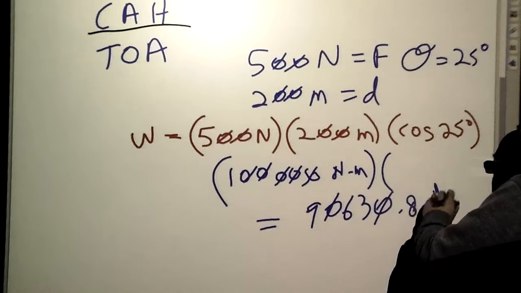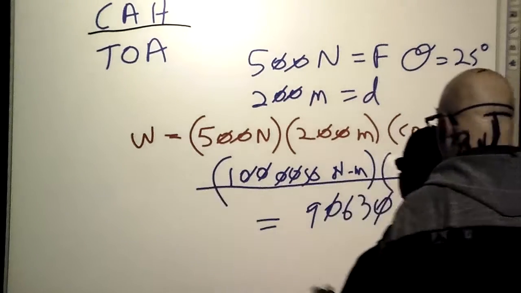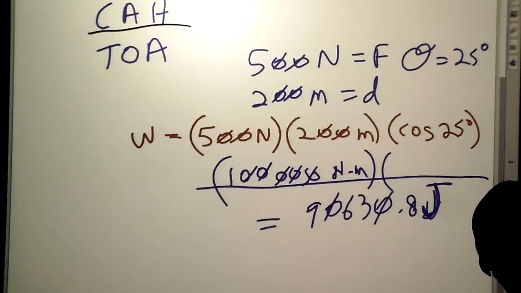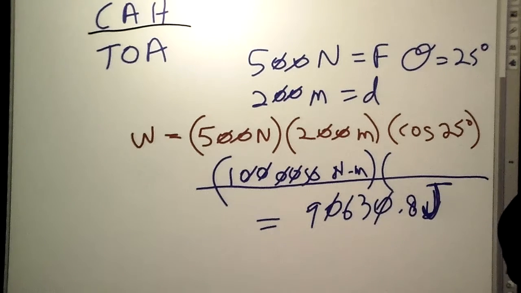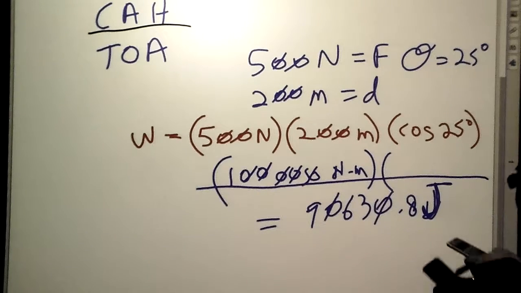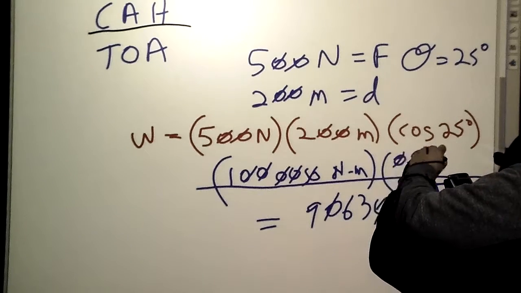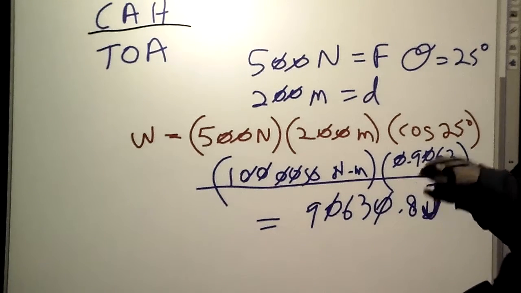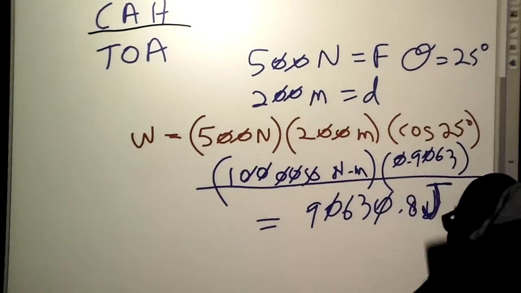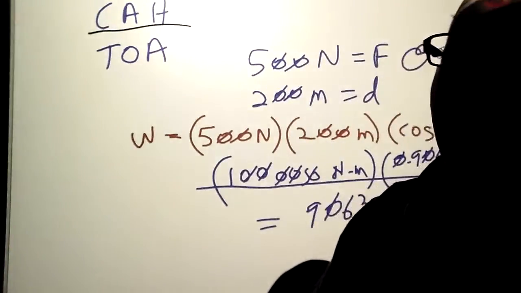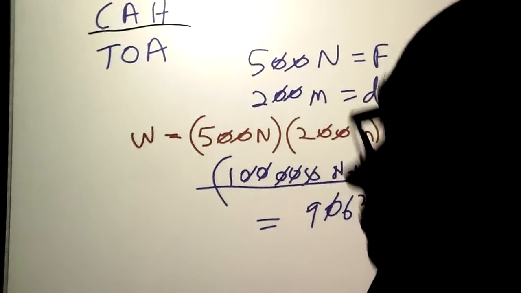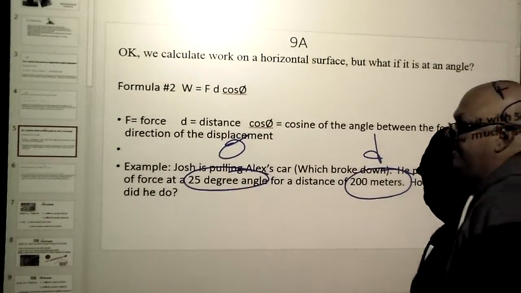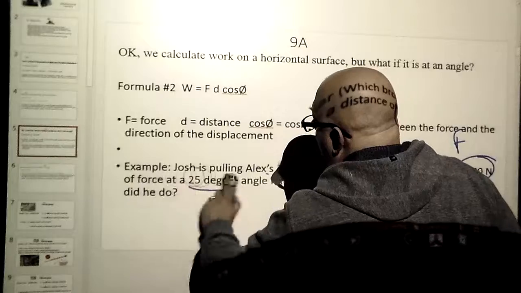That's joules. 90,630.8, or 90,631. The cosine of 25, for those who are wondering, is 0.9063. So keep in mind, guys, you want to make sure that your calculator is in degrees, not radians. I'm running a little short on time here, so I've got to make sure I get this out. That should take care of work.